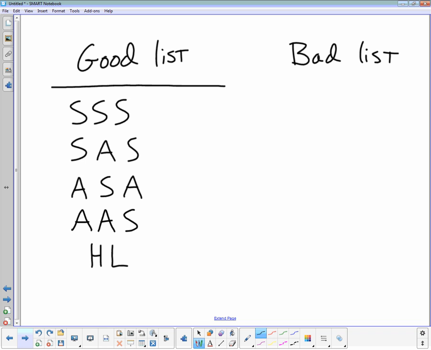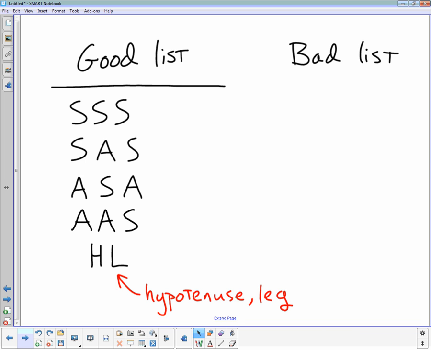But you should know this is hypotenuse leg. All right, that's what the H and the L stand for. Remember, the hypotenuse is the biggest length in a triangle. It's the one that's across from a 90-degree angle.